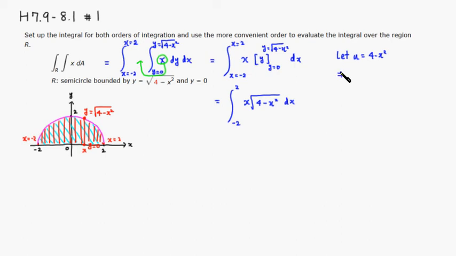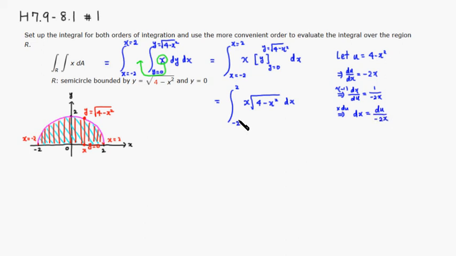Then we can take the derivative of u, du over dx, which is equal to negative 2x. Then take the reciprocal of both sides, dx over du, which is 1 over negative 2x. Then multiply both sides by du. We get dx is equal to du over negative 2x.